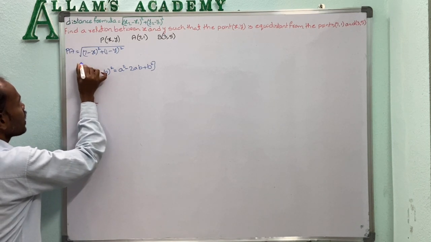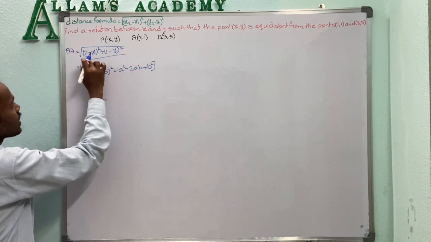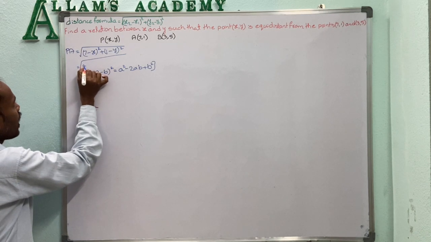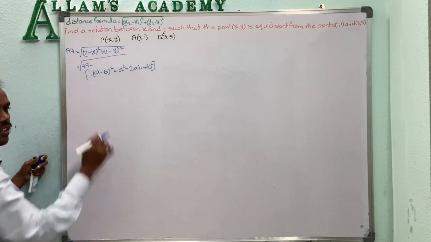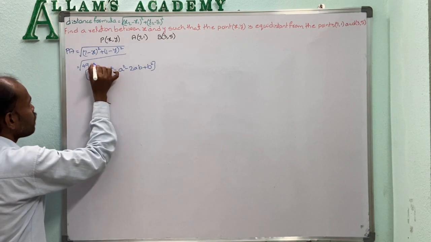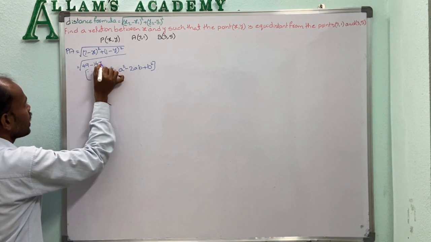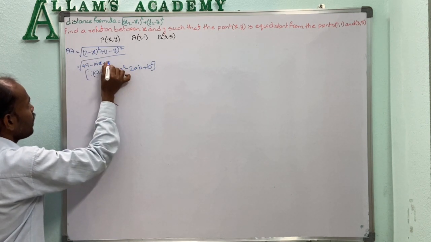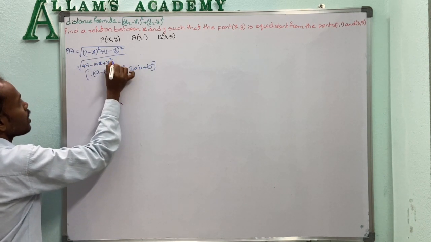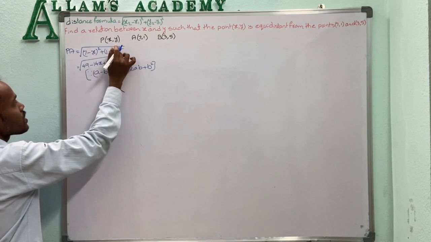So a square is 7 square, that is 49, minus 2ab, 2 into 7 into x, so 2 sevens are 14, into x is 14x, plus b square, b is x, so x square. So plus 1 minus y whole square.